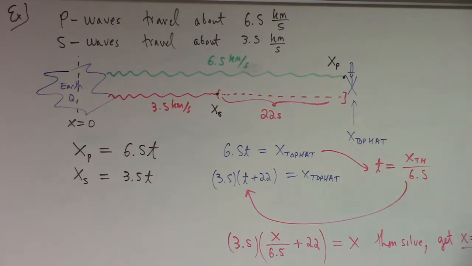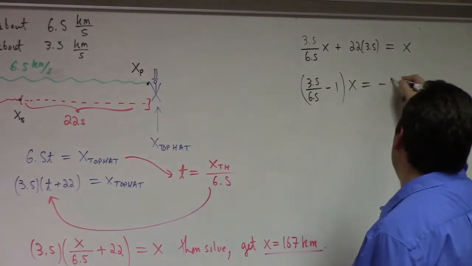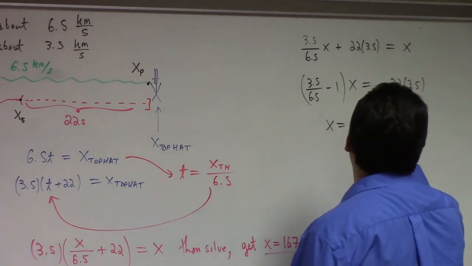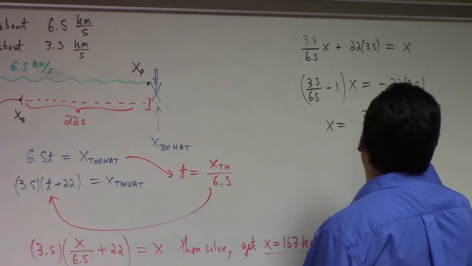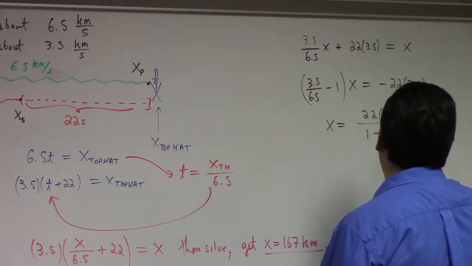So I have 3.5 over 6.5 times x plus 22 times 3.5 is equal to x, which then gives me 3.5 over 6.5 minus 1, in parentheses, times x is equal to minus 22 times 3.5, which then gives me x is equal to 22 times 3.5 divided by 1 minus 3.5 over 6.5.